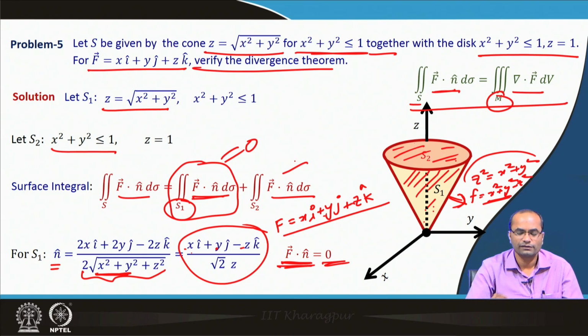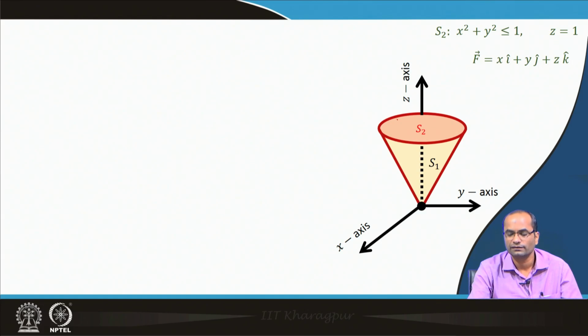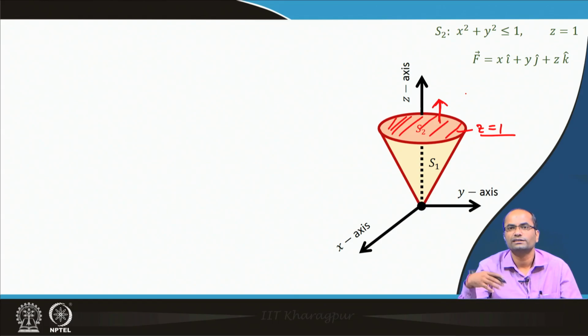The second integral we will compute now. So, for the second integral, this is our surface which is lying in the z is equal to 1 plane, and we know already without any calculation what the normal to this surface is. This is the plane z is equal to 1, and the normal will be just in the direction of k.